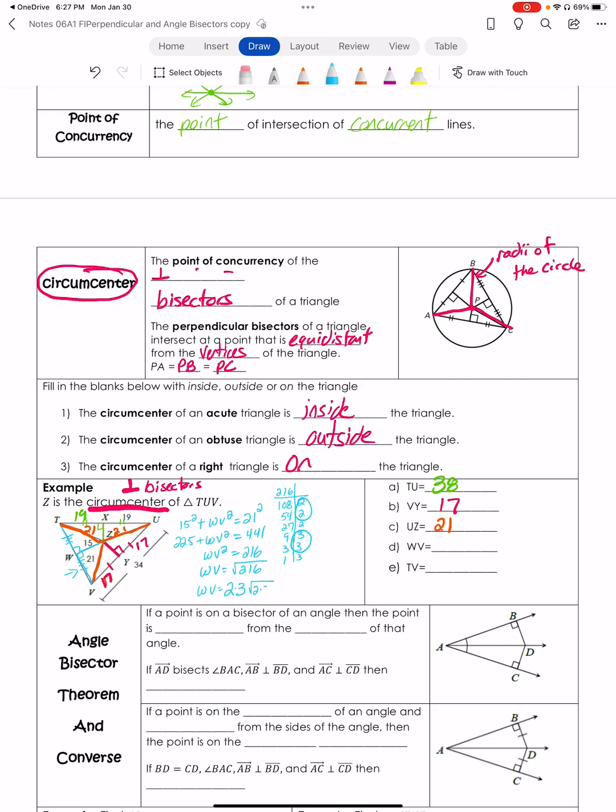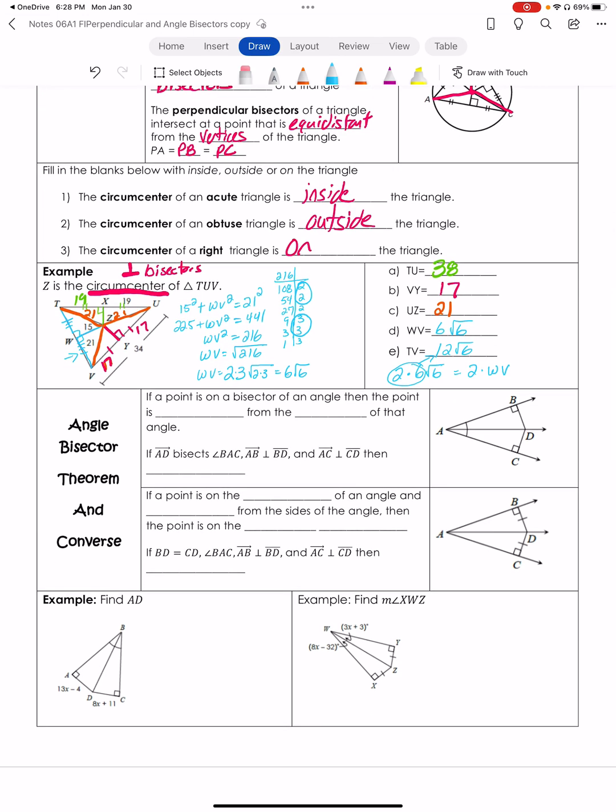And then we have a 2 and a 3 on the inside, so WV is 6 radical 6. Last but not least is TV. TV is going to be 2 times 6 radical 6 because it is 2 times WV. So that gives me 12 radical 6. Always outside, outside, inside, inside. So there we go.